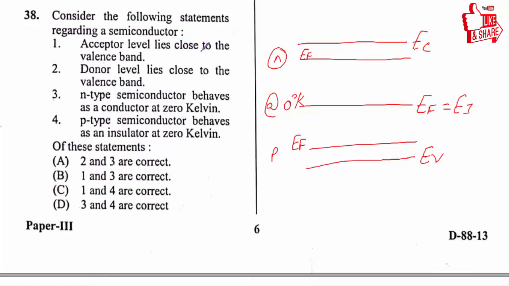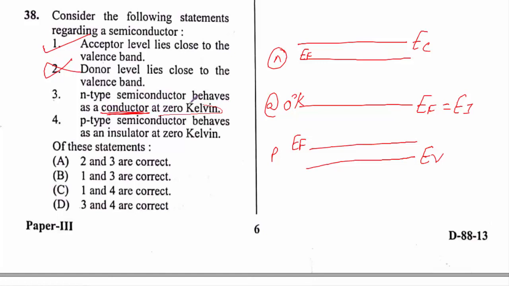Acceptor level lies close to the valence band is the statement what they have given. So this is a true statement. Donor level lies near the valence band? Donor level lies near the conduction band. So this statement is a false statement. Third statement what they have given is N-type semiconductor behaves as a conductor at 0 Kelvin.